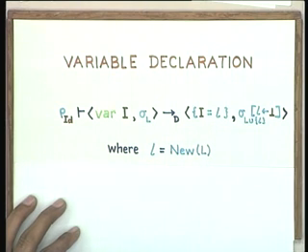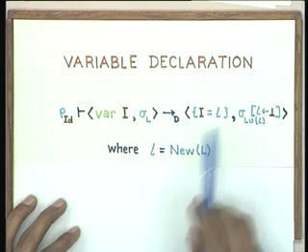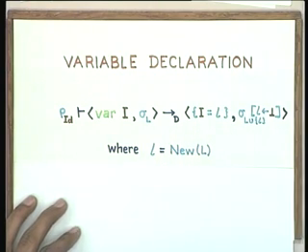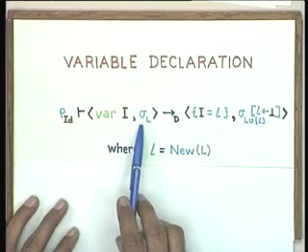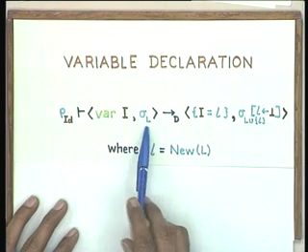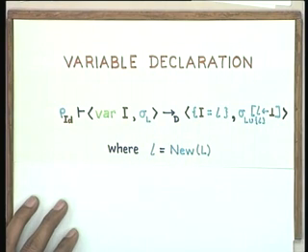So you first acquire a new location and bind that identifier to that location, but that location has to have some well defined value. So what happens is that your store gets altered. Your store, instead of being a function from capital L to values, becomes a function from capital L union this new small l to values, and you have to associate a value with this identifier.